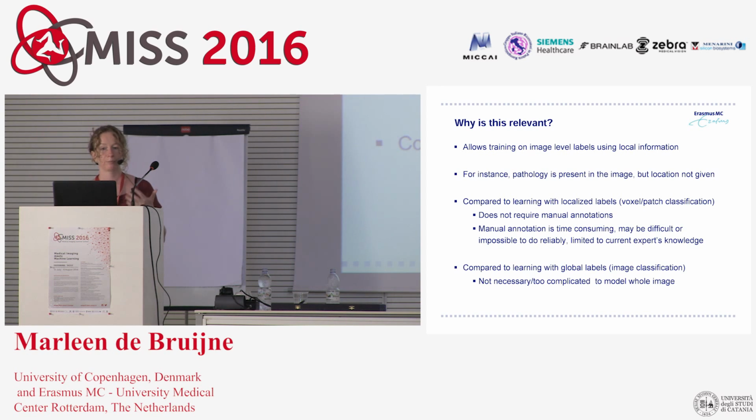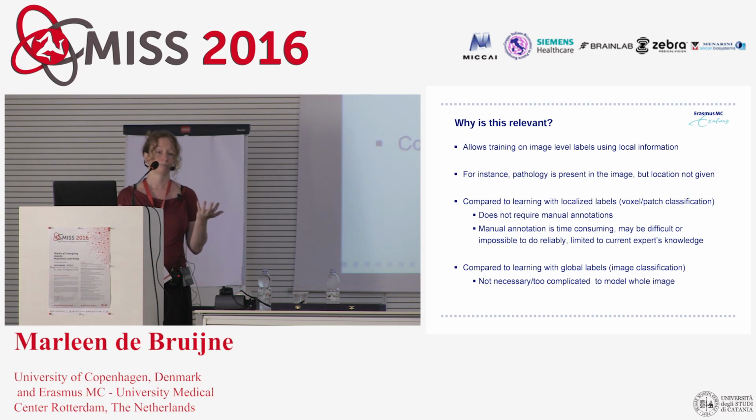Multiple instance learning may allow you to make more local decisions, which can be useful in cases where it's not necessary to model the structure between all the different instances, the relations between all the instances in the image. You could imagine in the emphysema example case, it's not that important exactly where in the lung the patch you're looking at is and how it relates to other patches in the lung.